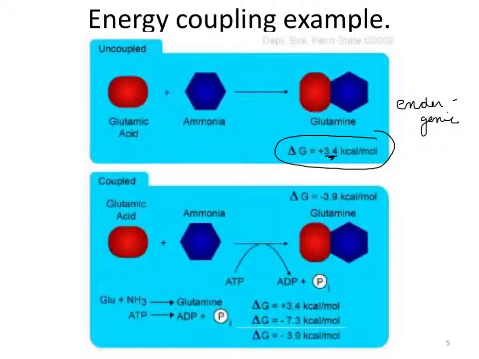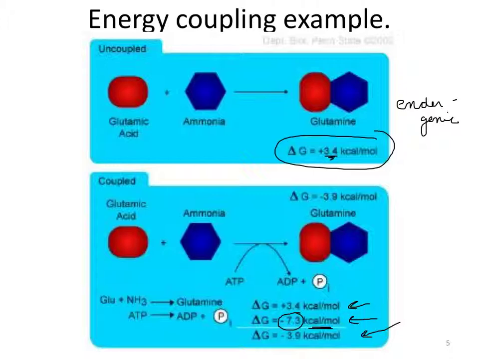So if we look down here, there's the reaction as shown above, and its delta G associated with it. Here is the delta G for ATP hydrolysis when expressed in these units. That's why the number's a little bit different, and you'll notice that this is negative. So that's very exergonic. When you couple these reactions, you can then sum the total delta G value, and if you look here, you'll see that we have an overall negative delta G value.